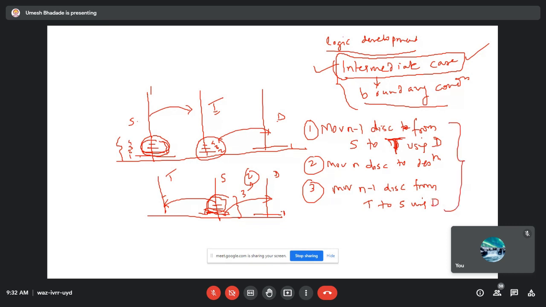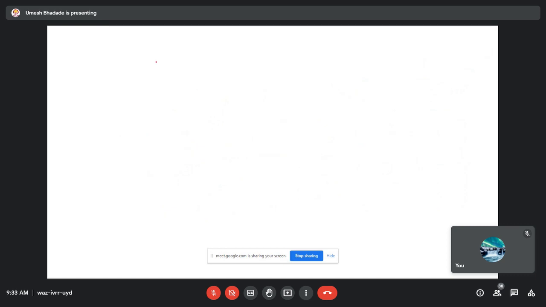Means first n minus 1 will move here intermediately, then the last diskette will move to destination, and then out of this 3, again 2 we will move to this pole, because now this pole has become empty, right? I will show you once again.